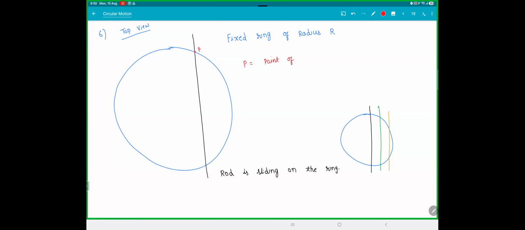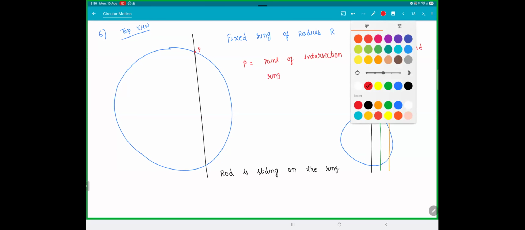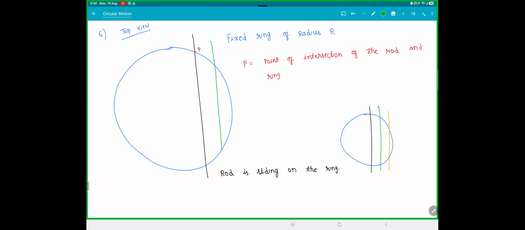Yeah. So P is the point of intersection of the rod and the ring. That means as the rod is moving, the P is also moving. Meaning next moment when the rod comes here, this is point P. You get it? So P is not fixed. P is moving continuously.